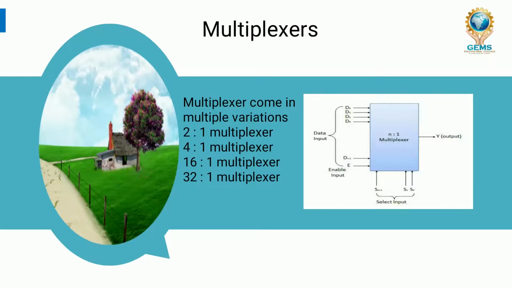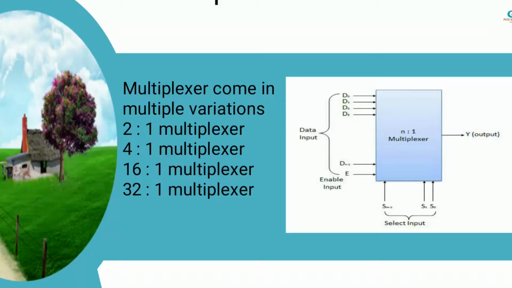Multiplexers come in multiple variations: 2:1 multiplexer, 4:1 multiplexer, 16:1 multiplexer. A 2:1 multiplexer means it can take 2 inputs and give 1 output. A 4:1 can take 4 inputs and give 1 output. A 16:1 can take 16 inputs and give 1 output. A 32:1 will take 32 inputs and give 1 output.